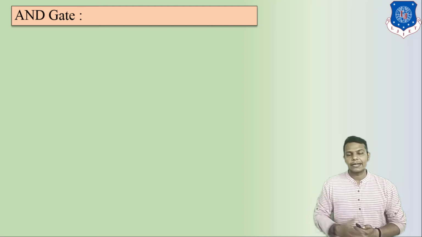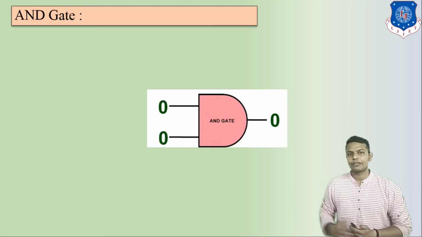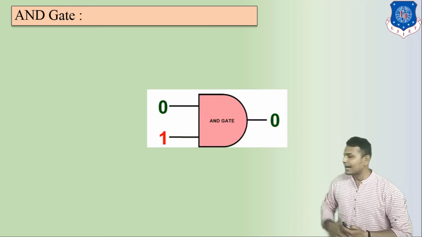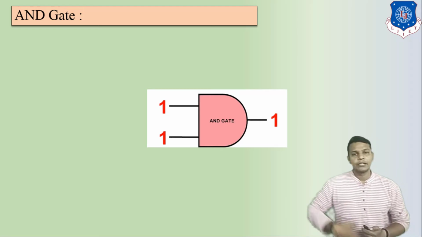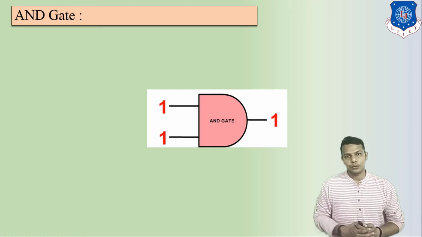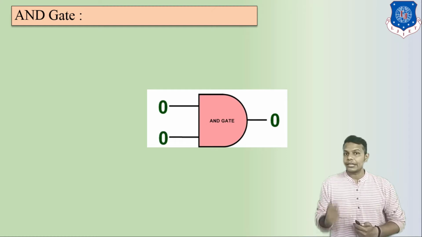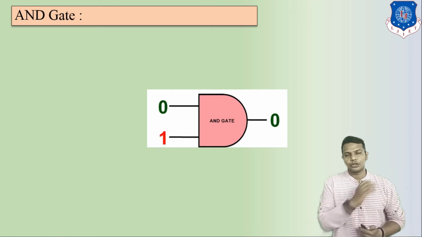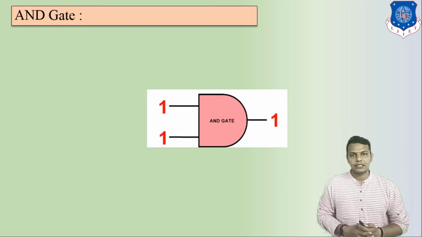Here we can see the symbol of the AND gate. Its Boolean expression is the multiplication of two inputs, A into B equals the output.